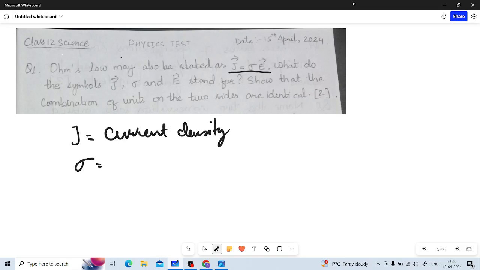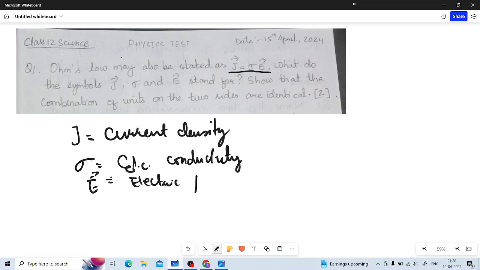Sigma stands for electrical conductivity, and E stands for electric field intensity or electric field.